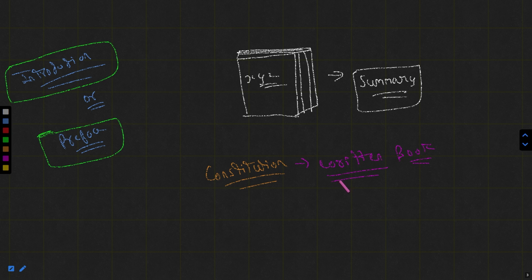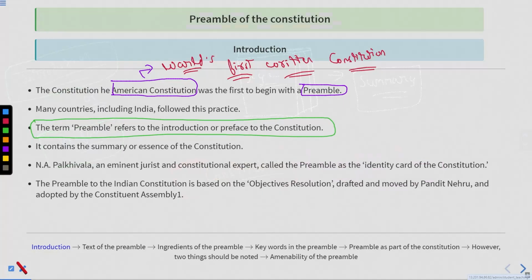Because our constitution is in written form, that's why it is known as the written book. So we could say the preamble is like an introduction, preface, or the summary of that particular book which we are going to see. What are the contents we have in the preamble? What is the feature of the constitution? What are the things the person who is having that particular constitution is going to see? All these things are mentioned here.